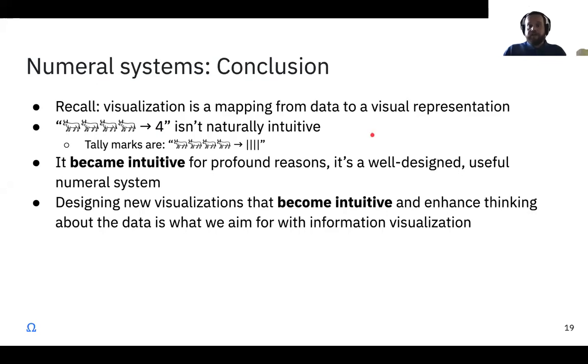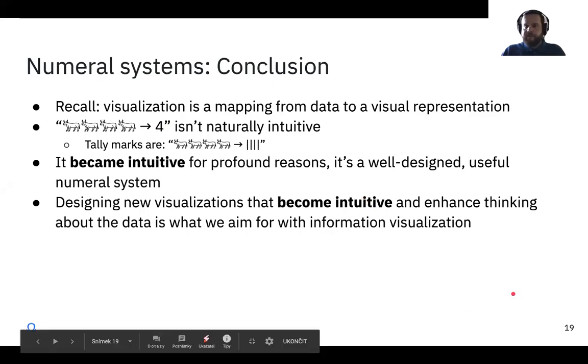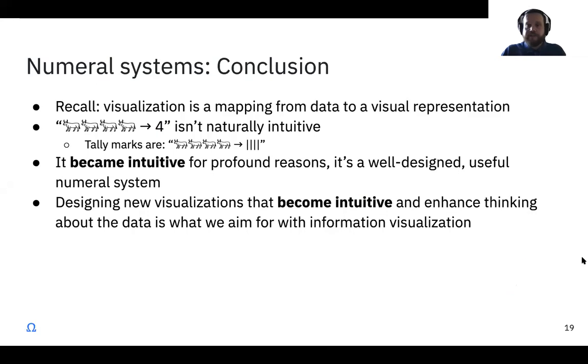It's a well-designed and useful numeral system, and designing new visualizations that really become intuitive and enhance thinking about the data is exactly what we aim for with information visualization. If you designed something as intuitive as the Hindu-Arabic numeral system for some kind of data, you would pretty much be a world-class superstar in InfoVis. So this concludes the early part of the history.